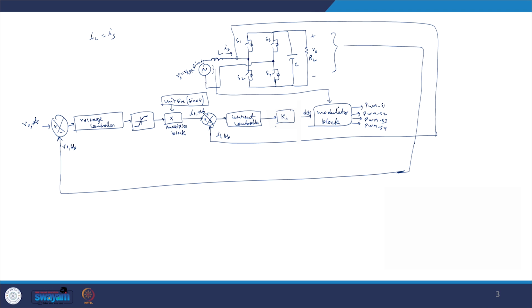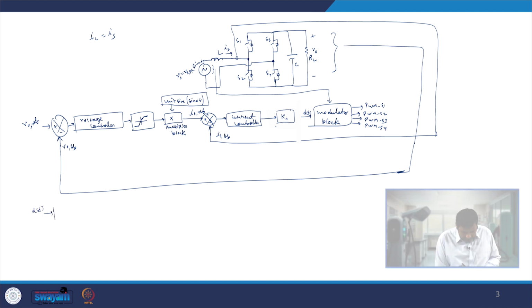So our modulator block will have the duty ratio which is compared with the carrier. This duty ratio d of t, depending upon the Vs of t, we will generate ds1 of t, ds2 of t.